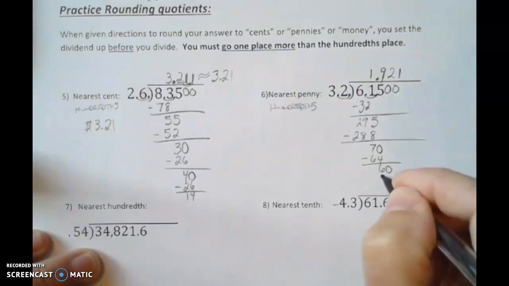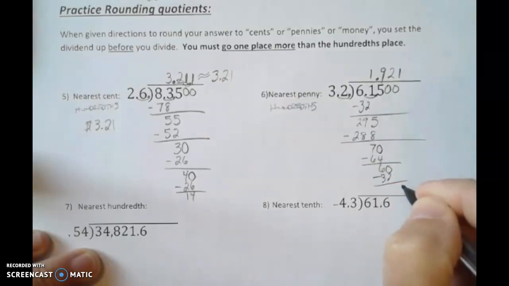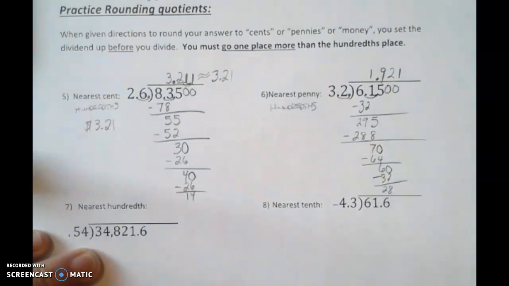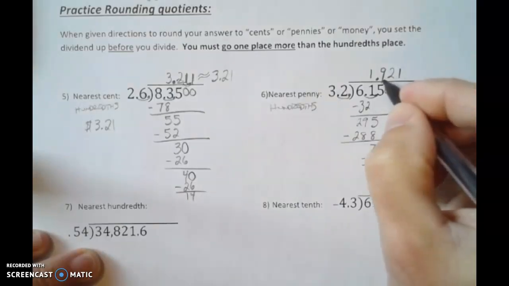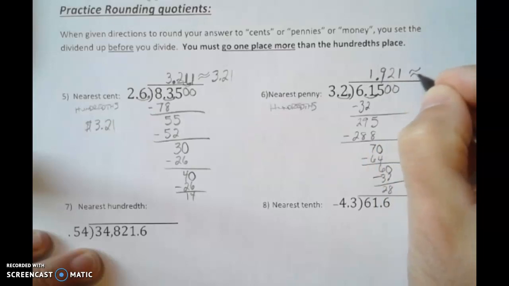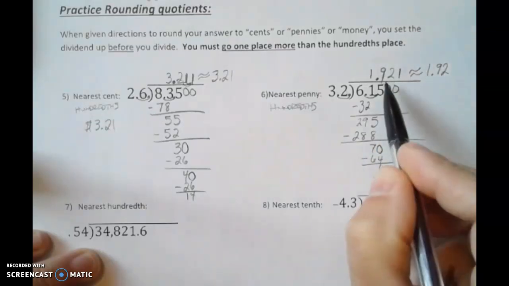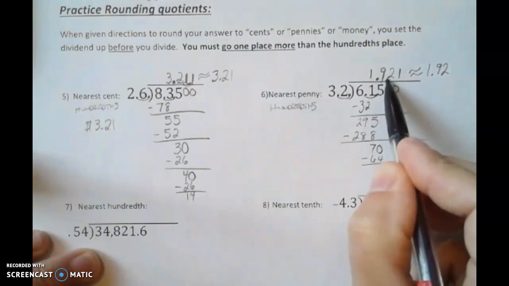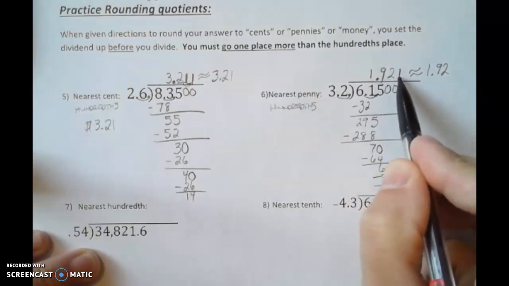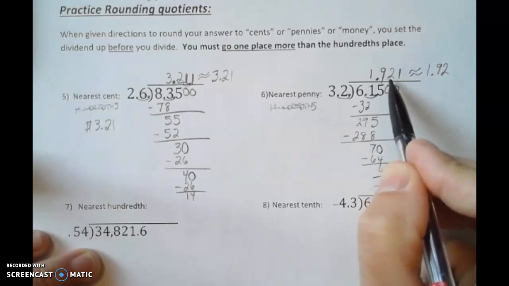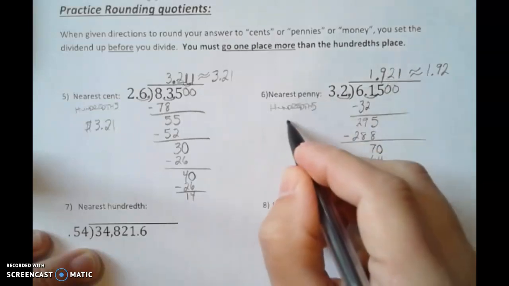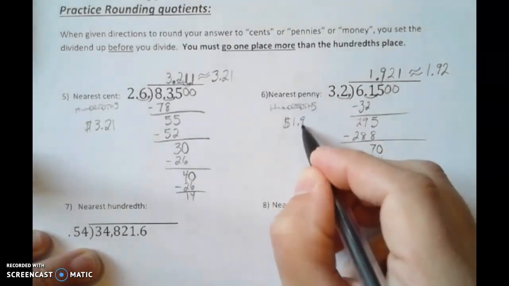And so again, that's 32. That leaves me with 28. And I can now figure out that this is going to be approximately 1 and 92 hundredths. We have 92 hundredths. 1 in the thousandths place is not enough to round us up to 93 hundredths. So again, for money, we can think of this as $1.92.